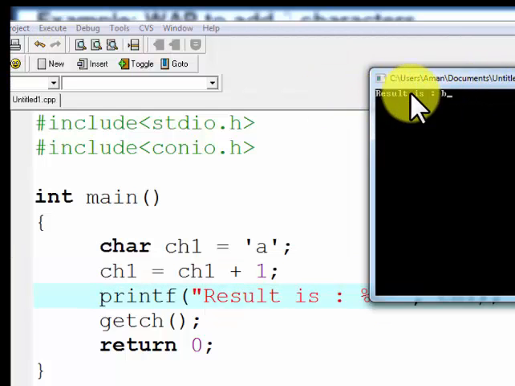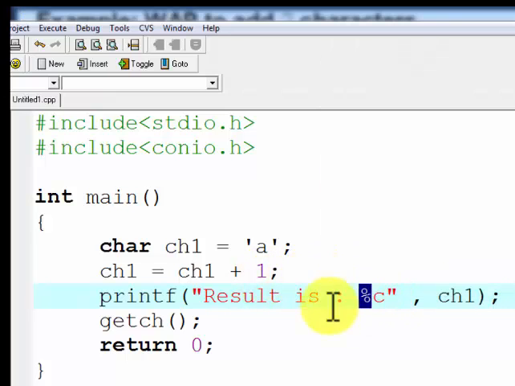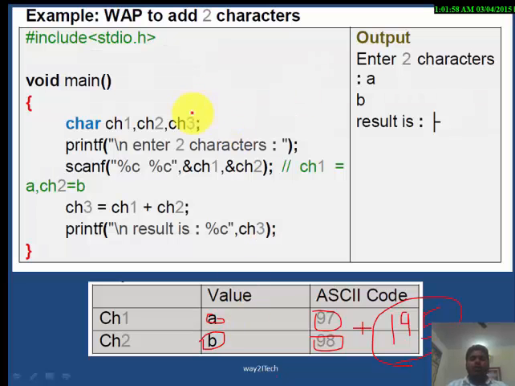See, the result is B. The ASCII code of A is 97, plus 1 means 98, so the resultant is B. When we add 1 in A, we get the next character. So this is how we add to a character.